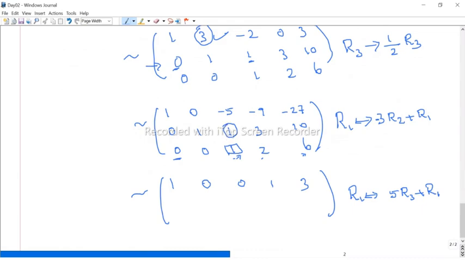So just subtract the third from the second. I replace the second row by R2 minus R3. This 1 minus 1 is 0. Here 3 minus 2 is 1, and 10 minus 6 is 4. Now we can keep the last row.